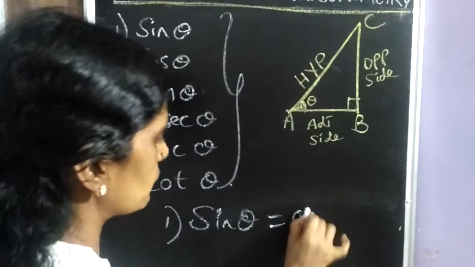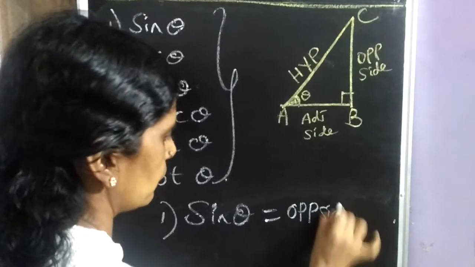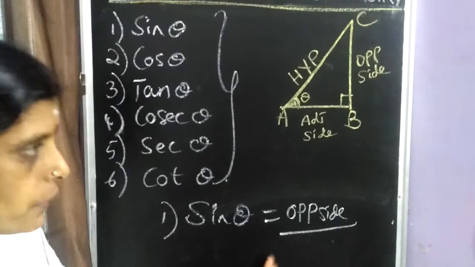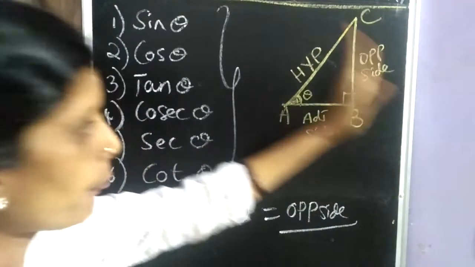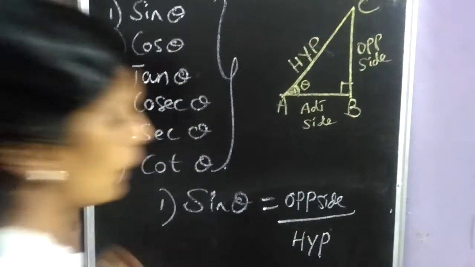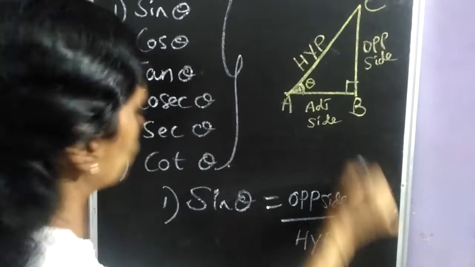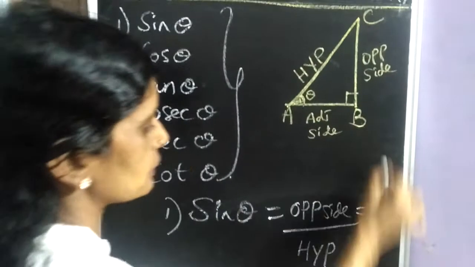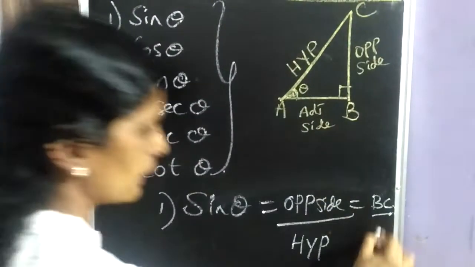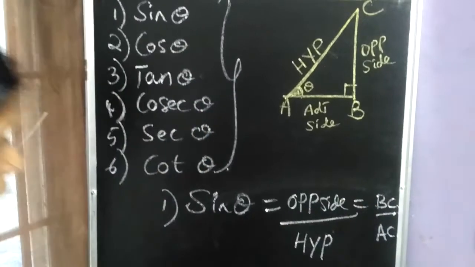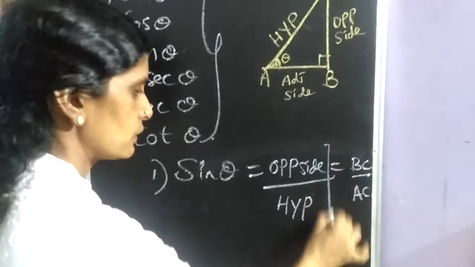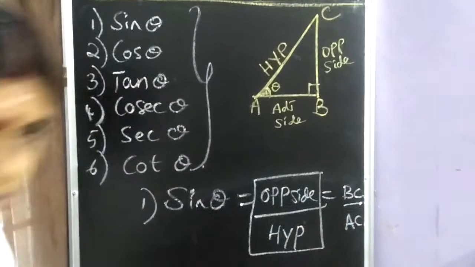So sine theta is the ratio between the opposite side and the hypotenuse. According to our triangle, which is the opposite side? BC, right? Which is the hypotenuse? AC. So sine theta is opposite side by hypotenuse.